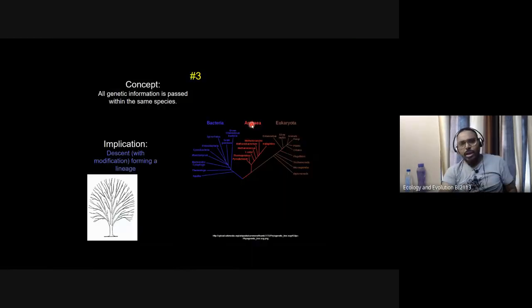Okay. So the third very important concept over here is that it is assumed, because you adopt the biological species concept, that all genetic information is passed within the same species. And that is why when you look at the trees, the phylogenetic relationships, why are they called trees?